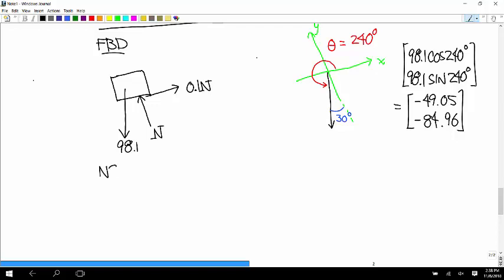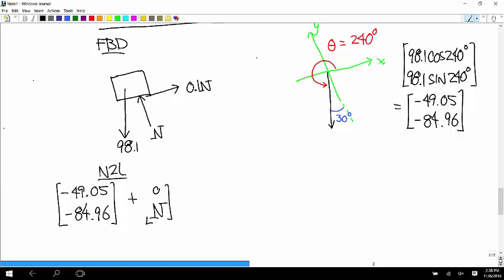Okay. So now Newton's second law. So we have the weight force that we just calculated. We have the normal force, the friction force, and that's equal to the mass times the acceleration.